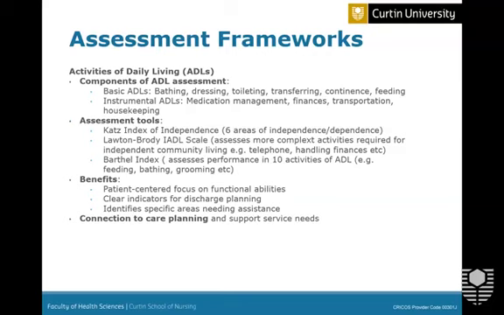So the benefits of this is that it's patient-centred, it focuses on functional abilities, there are clear indicators for discharge planning, and identifies specific areas of needing assistance, and there's a connection to care planning and support service needs.